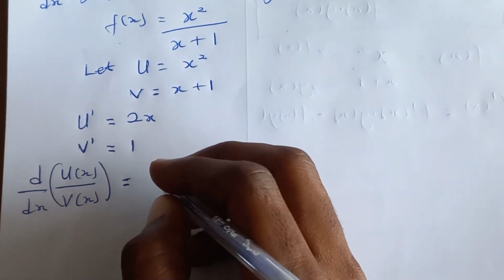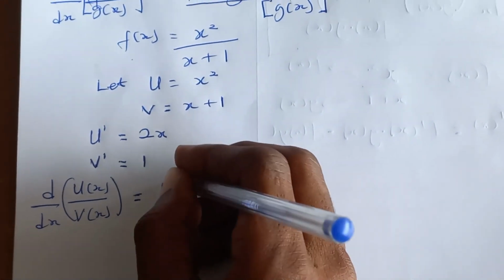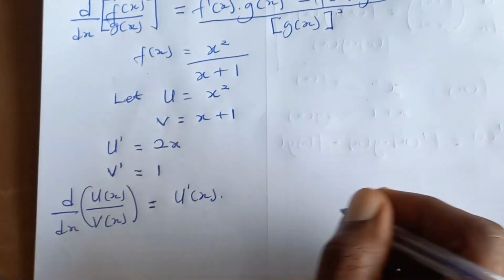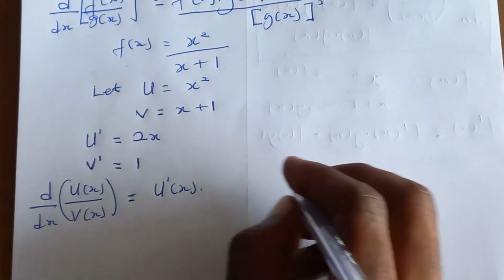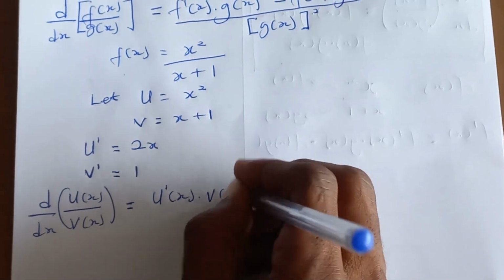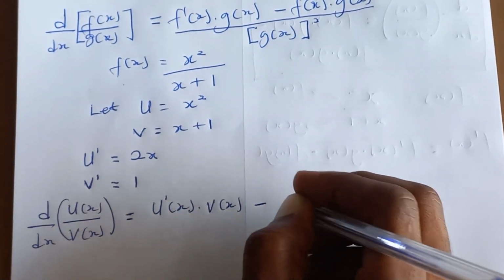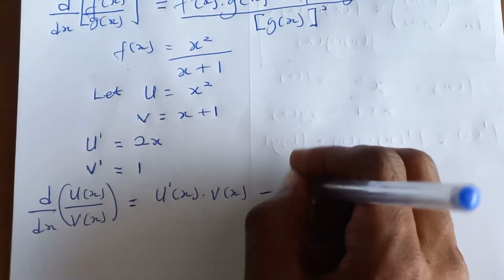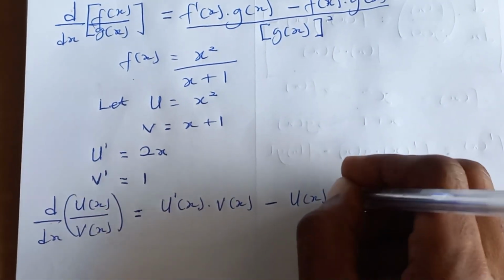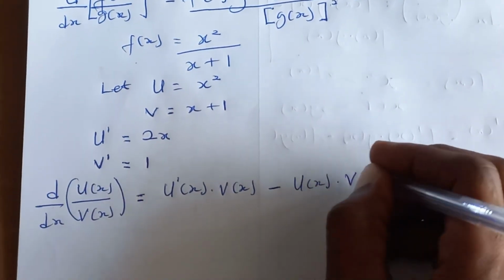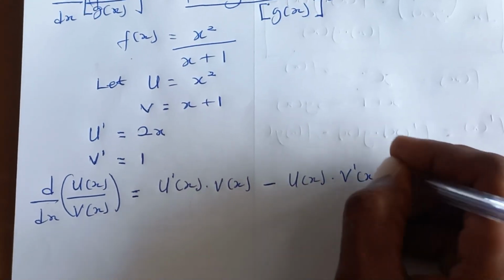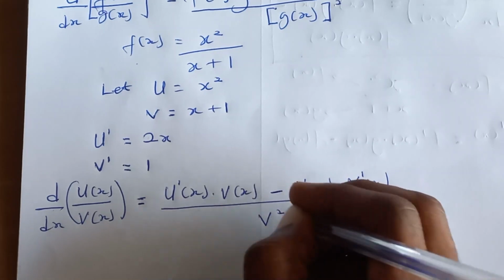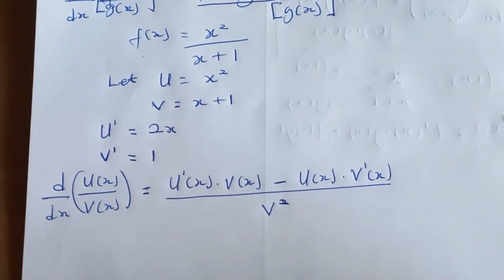So we differentiate the numerator, which is u prime of x, we multiply by the denominator, which is v of x, minus u of x multiplied by v prime of x, all over v squared.